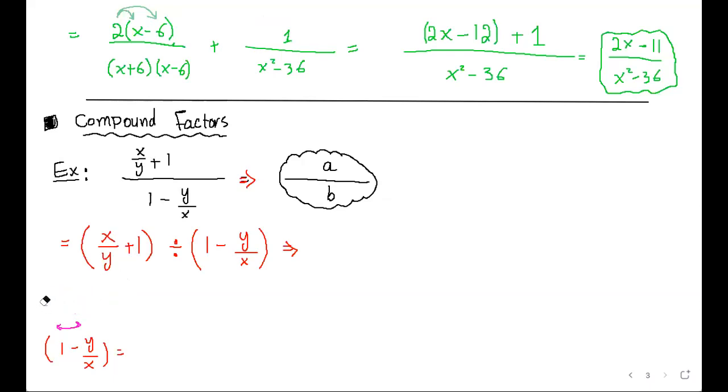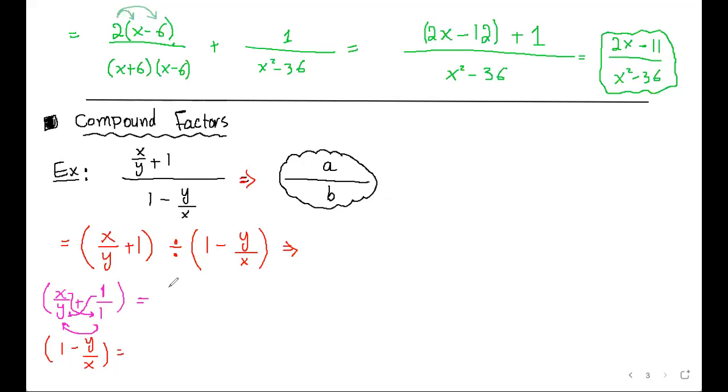Okay, let me rewrite it again. So this one here, x over y plus 1, where 1 is actually 1 over 1. So he multiplied x by the 1 and the y by the 1. This is cross multiply.